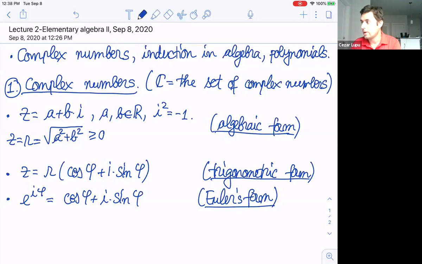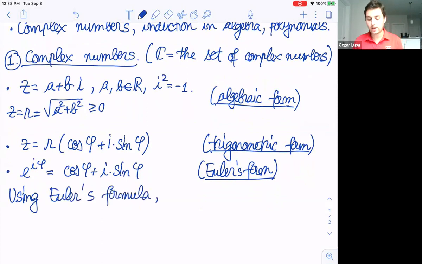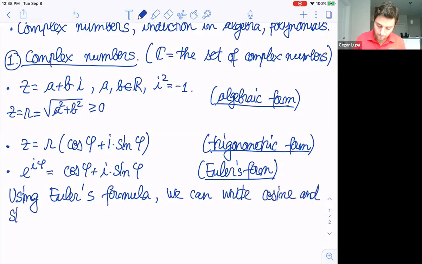Well, now using Euler's formula, we can write cosine and sine in terms of the exponentials, right?